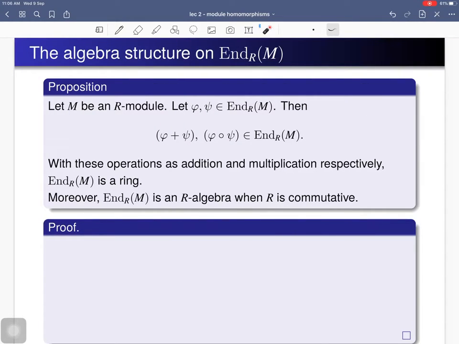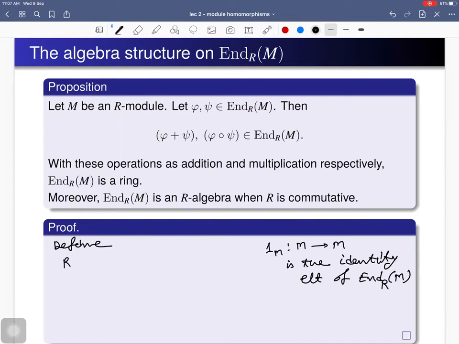Moreover, if your base ring is commutative, then this endomorphism ring End of M is actually an R algebra. Okay, so let us write something to prove this statement. Define a map from R to this ring as follows. You consider an element r of R, then we map it to mu r. And what is mu r?